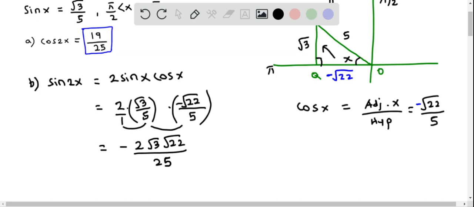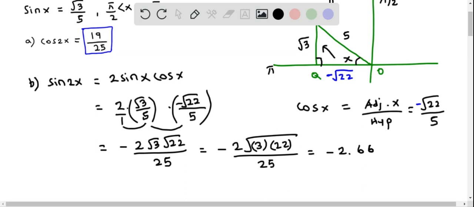This can be simplified: negative 2 times the root of 3 times 22, over 25. 3 times 22 is 66, so we get negative 2 root 66 over 25.